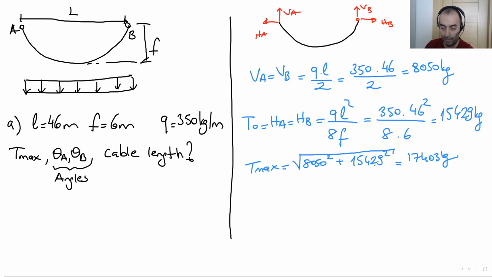Now we calculate theta A and theta B. The angle is the arctangent of the vertical over the horizontal.